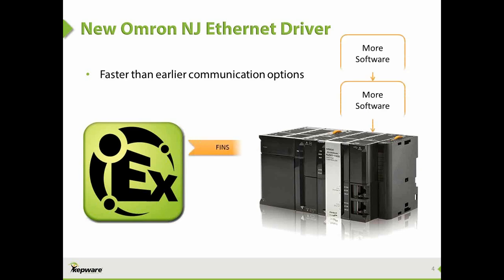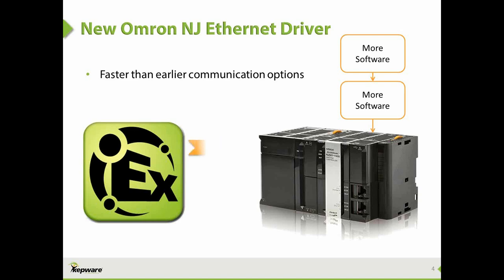Others are communicating through another software abstraction layer. So you use their server, their software, and go through another software application layer to get to the NJ. Really both methods are going to eliminate any performance and functionality you can gain from this new version of SysMac NJ controllers using the native Ethernet IP protocol.